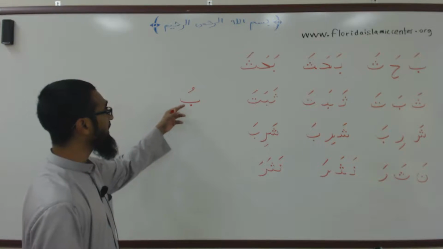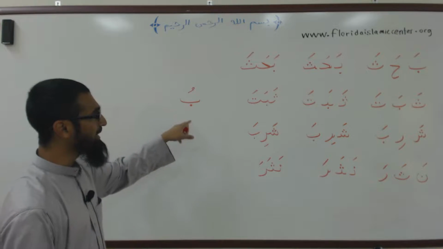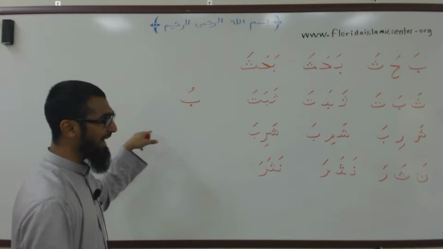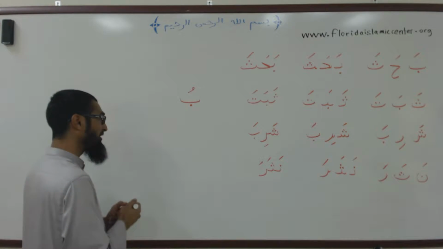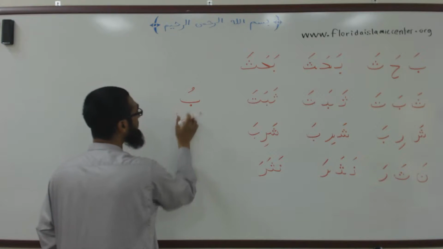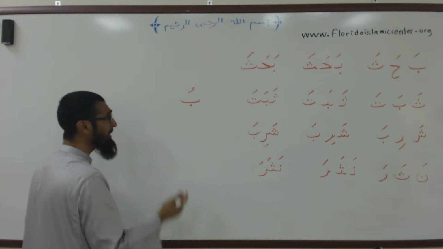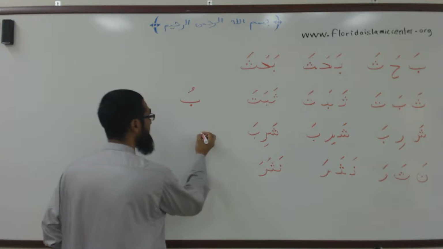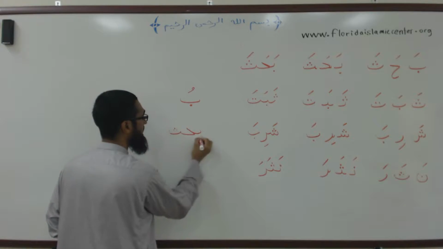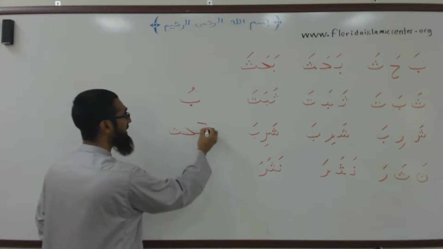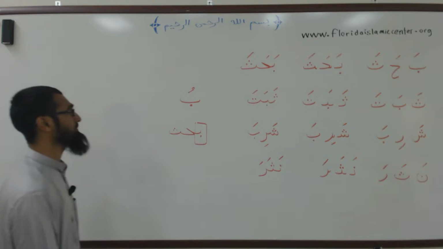What happens is that when this letter appears in the beginning, the middle, or the end of the word, the appearance is different. So for instance, the ba, when it appears in the beginning of a word, it's going to look like this. This letter right here, that's our ba.